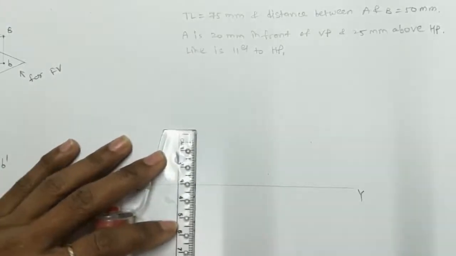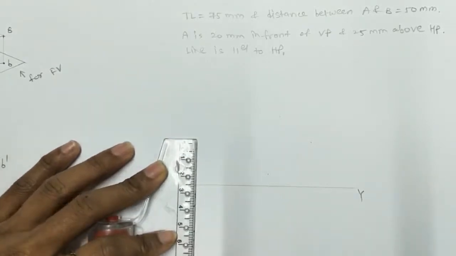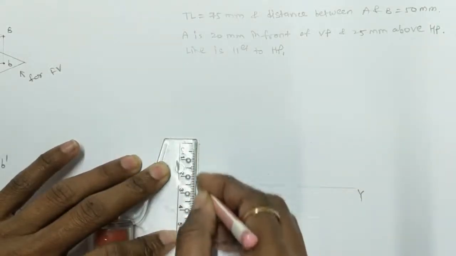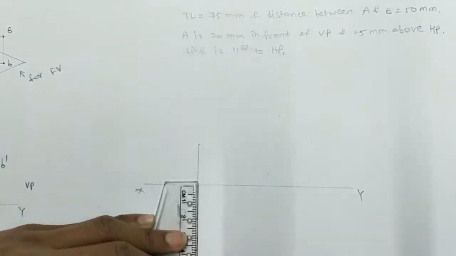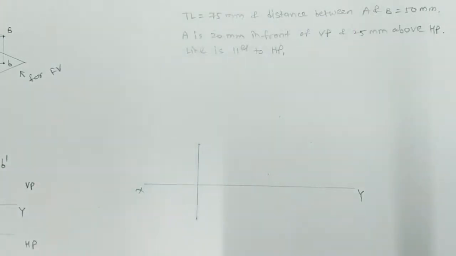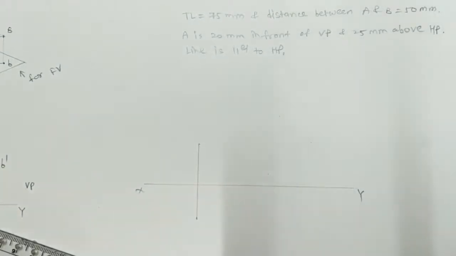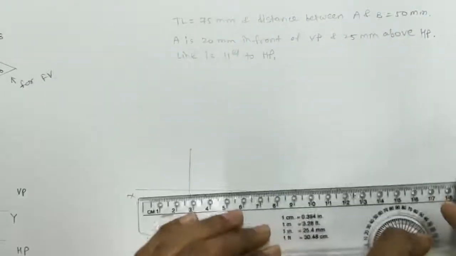So measure 25 above HP and 20 in front of VP. Then we will draw a line AB having distance 50 mm as given.